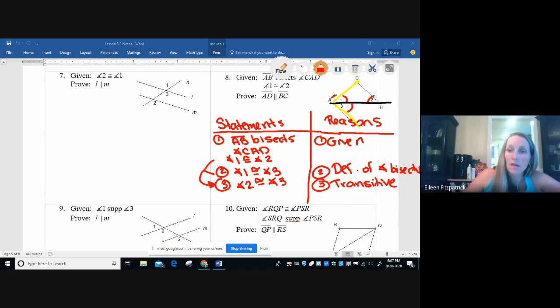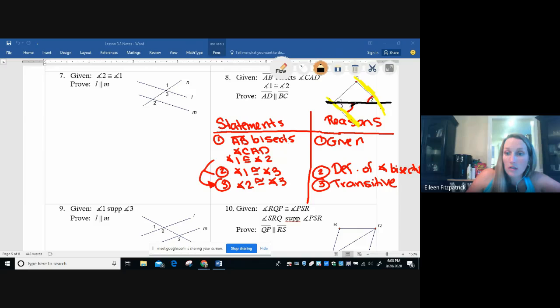All right. And now that you know that angle 2 is congruent to angle 3, what do you know about this line here, AD, and this line here, CB? I'm going to erase this one because that's a little confusing. What do you know about the yellow lines now that you know that the 2 and 3 are congruent to each other?